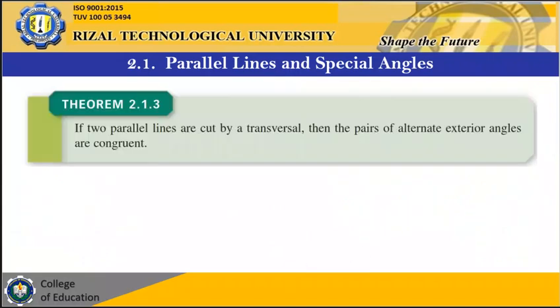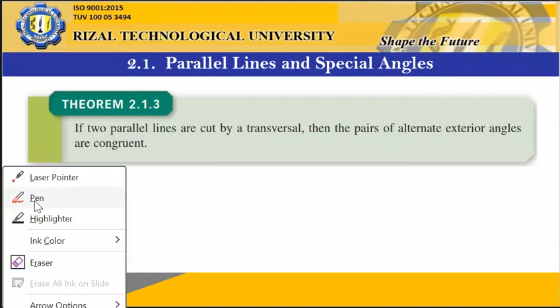Next, we also have a theorem for alternate exterior angles. If two parallel lines are cut by a transversal, then the pairs of alternate exterior angles are congruent.